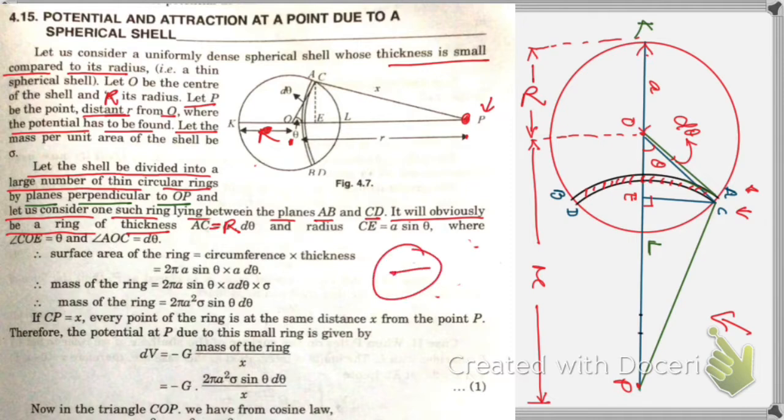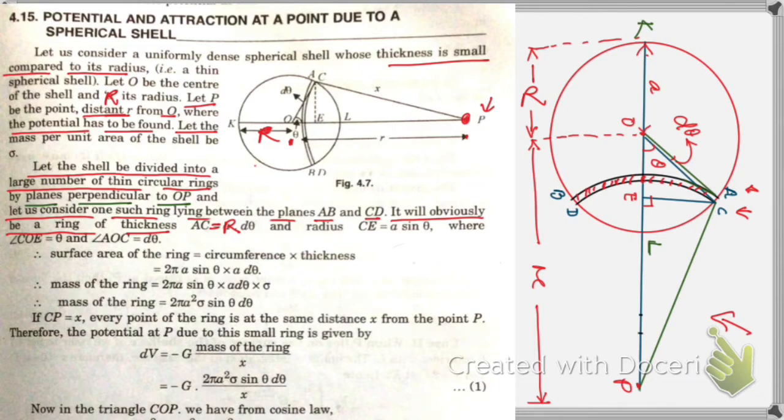Suppose the radius is r, and the angle made by an arc at the center is d theta in radians, then the length of the arc is given by r d theta. So using that concept, I have found the thickness of this ring. I hope you have understood this.